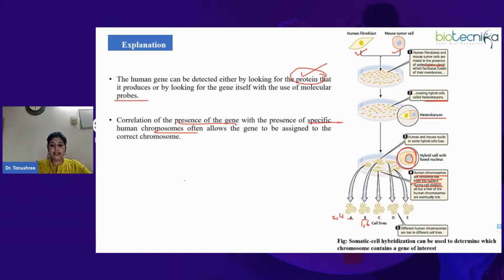For example, let's say you have cell line A and cell line B. Cell line A has chromosomes number 2, 4 and 11, and cell line B has chromosomes number 2 and 11. Now let's say you are looking for the product of gene A. Let's say cell line A shows the product, but cell line B doesn't show the product. So what does it indicate?